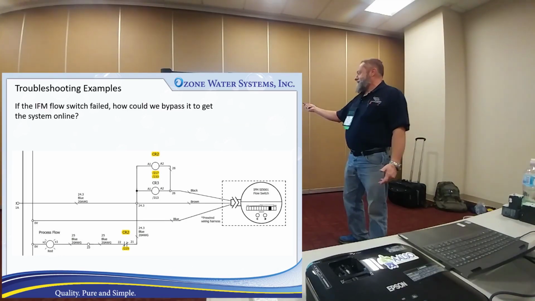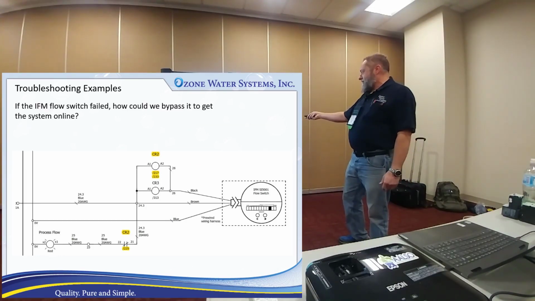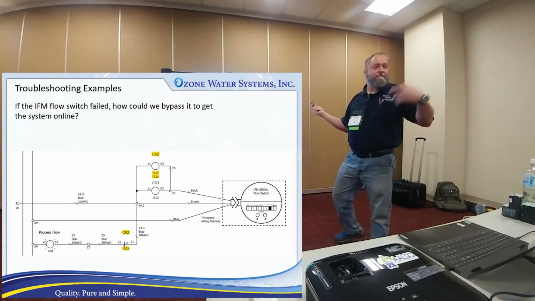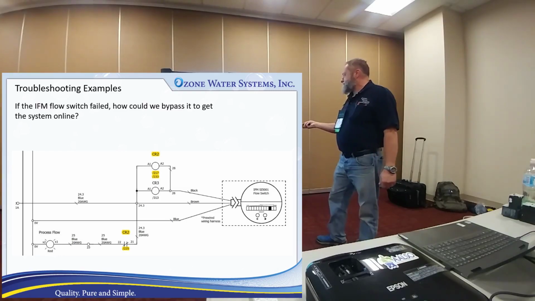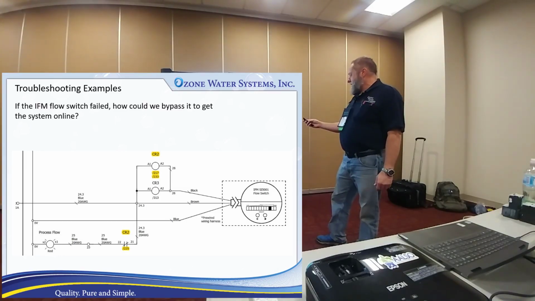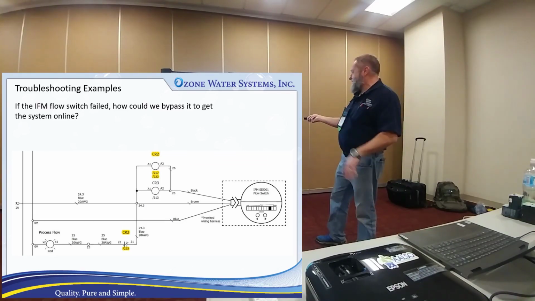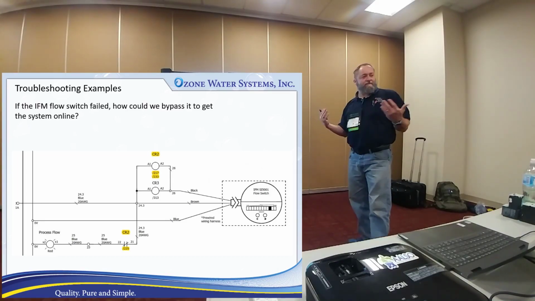So let's say that in the field you're trying to do this, and this is not working, but I know I've got flow, and I've got to get this system running because animals need their life support system. What are we going to do? We need to identify what this is actually doing. We can see that this is an NPN type. Again, we'll talk about this more as we keep going, because NPN and PNP is important for you to understand.